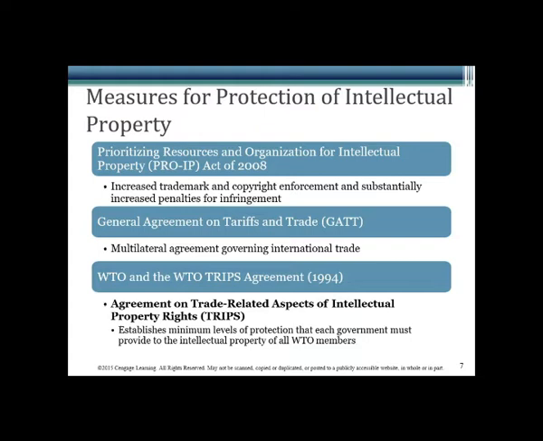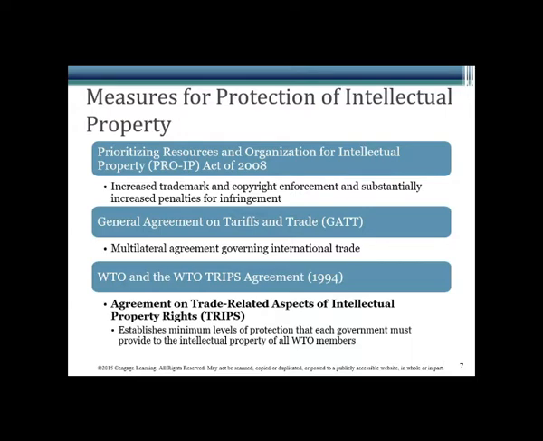Many nations recognize that intellectual property has become increasingly important in world trade. Yet, the extent of protection and enforcement of intellectual property rights varies around the world. As a result, the WTO developed the Agreement on Trade-Related Aspects of Intellectual Property Rights, also known as the TRIPS Agreement, to establish minimum levels of protection that each government must provide to the intellectual property of all WTO members.